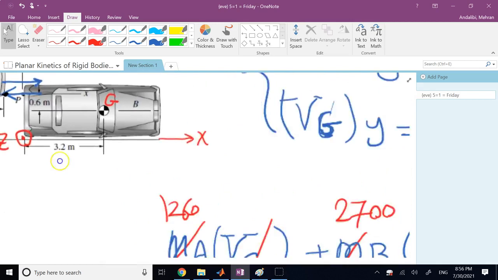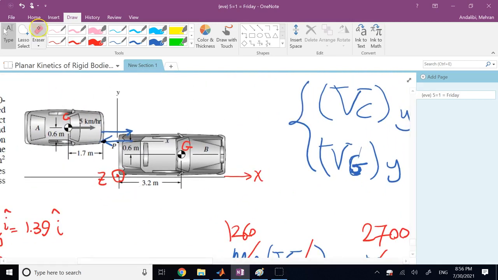So what you need here is, if I use 2 points on each one of these objects. So on car B, I call it P of B. On car A, I call it P of A. They are going to be on the top of each other at the time of collision, but they are right now separate points that are on each car.